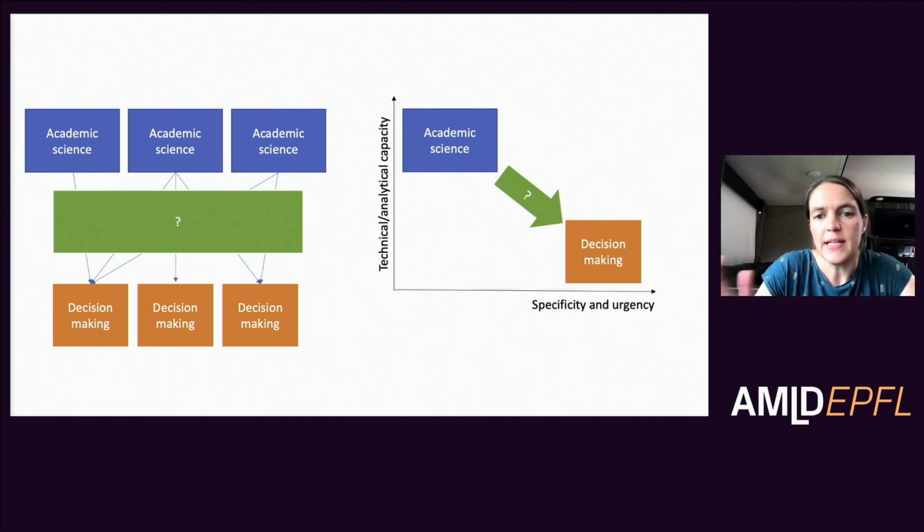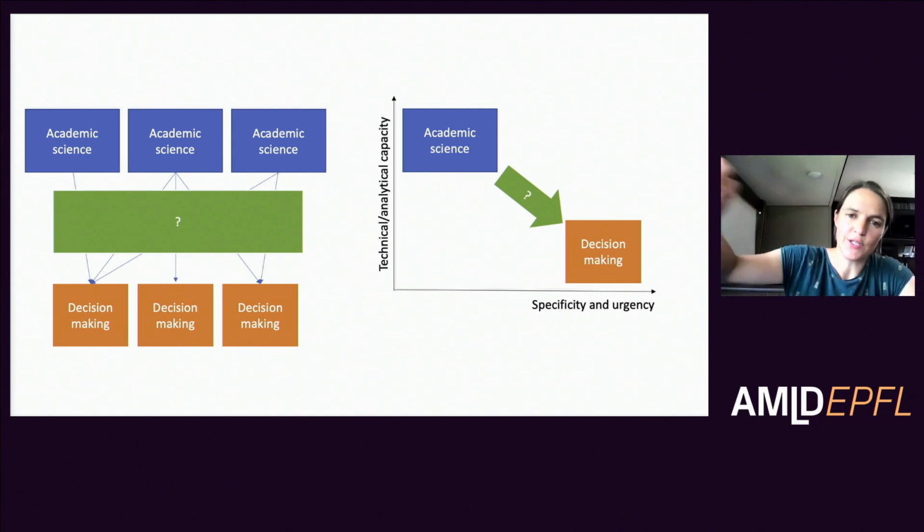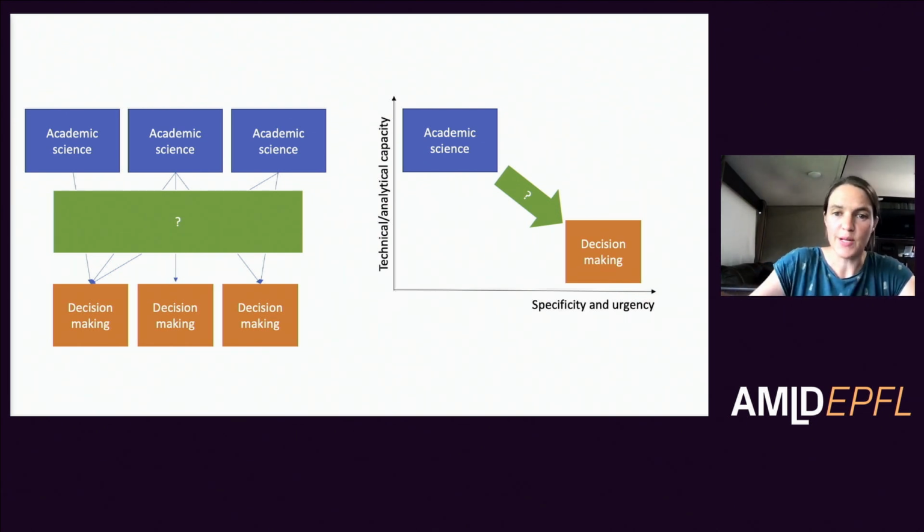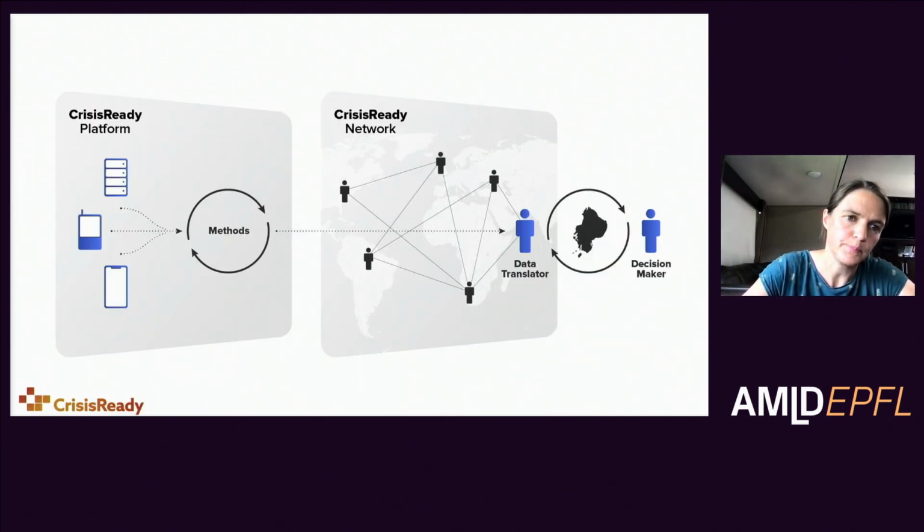And what we try to do is create a distributed network of expertise that could do some of this translational work. But ultimately, governments and health agencies need to invest in sufficient technical capacity that they can absorb some of the new methods. And similarly, academics need to be incentivized to actually do decision-making and policy relevant work.